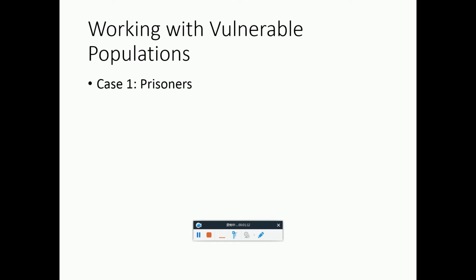The first case is when you're working with prisoners. The second case is when you're working with children. These two populations, when they're potential subjects of research, are disadvantaged in different aspects.